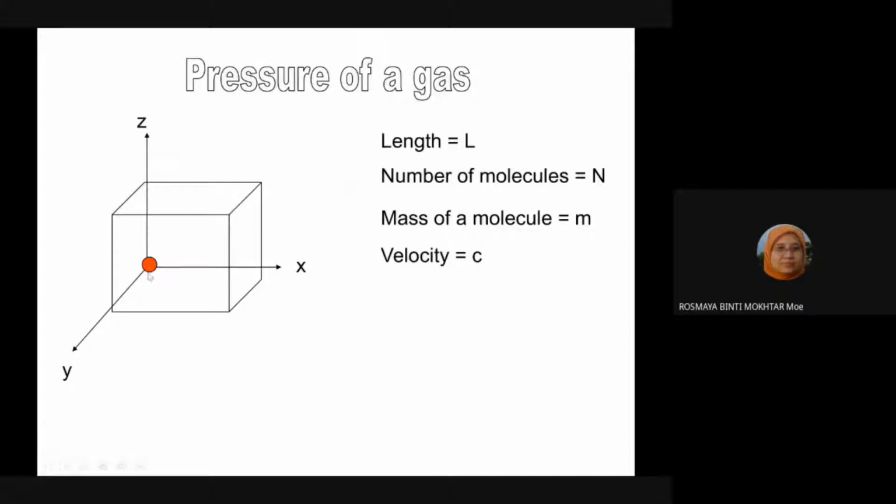From the origin here, let's say this is the starting motion of the molecule.